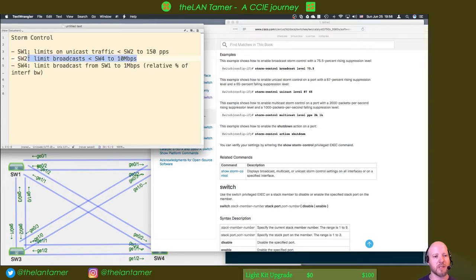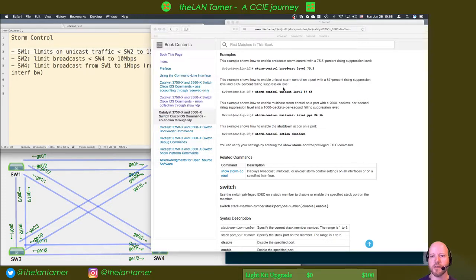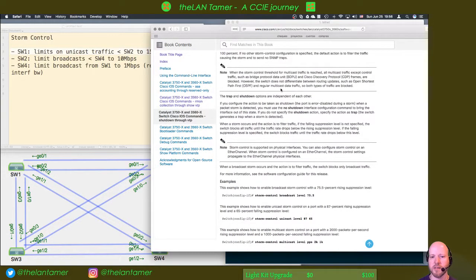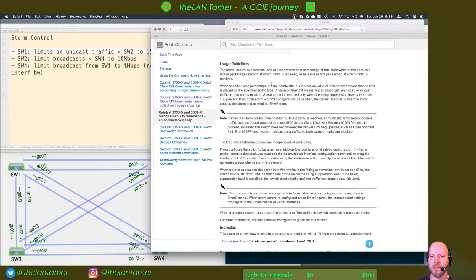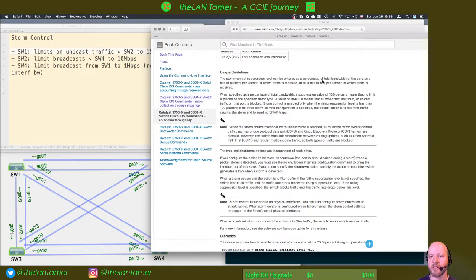10 megabits per second. So we've got packets per second, and it can be entered as a percentage of total bandwidth of the port, as a rate in packets per second at which traffic is received, or as a rate in bits per second.